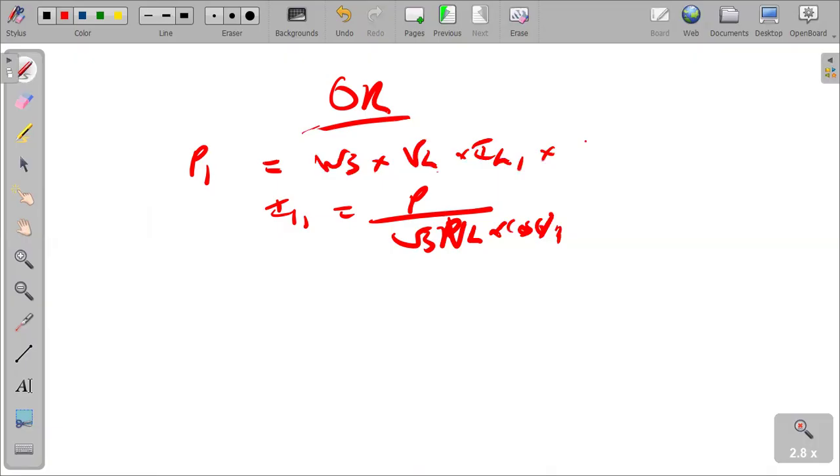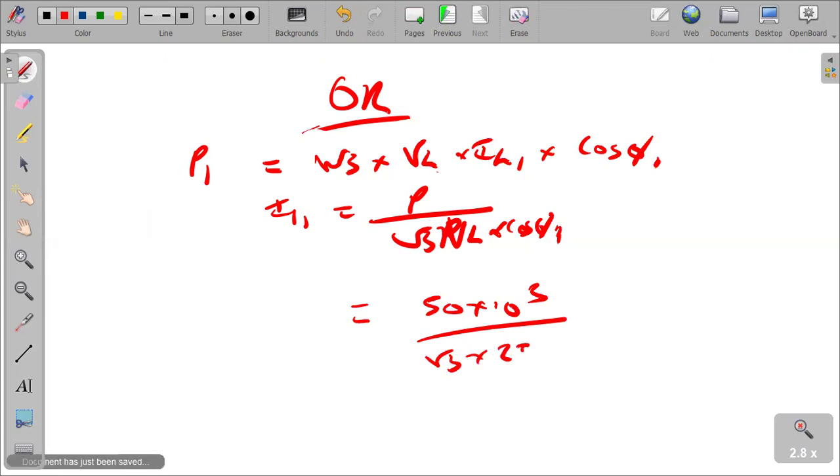So making IL1 the subject means we say 50 times 10 to the power of 3 divided by root 3 multiplied by 2,300, which is 2.3 times 10 to the power of 3.